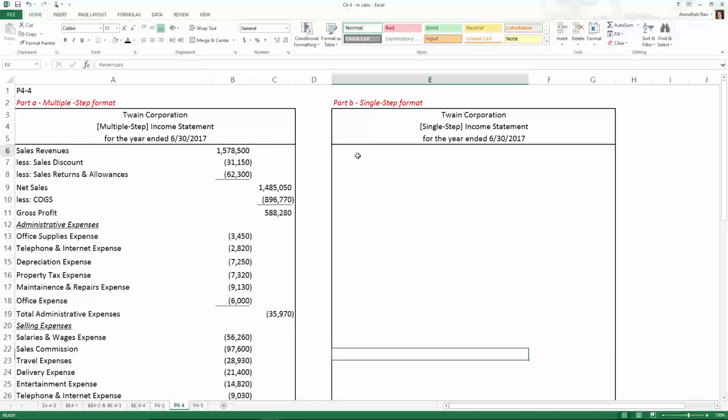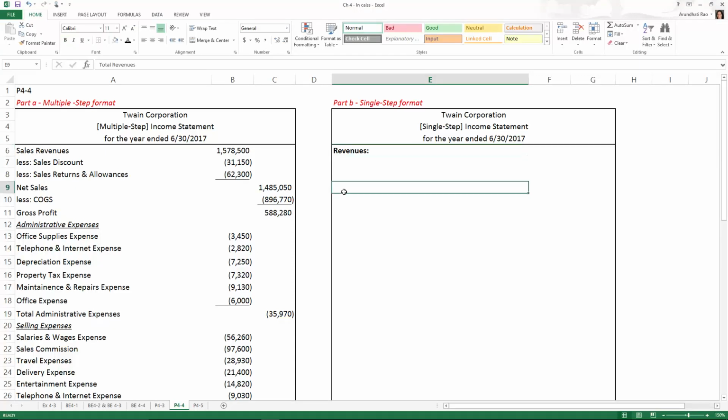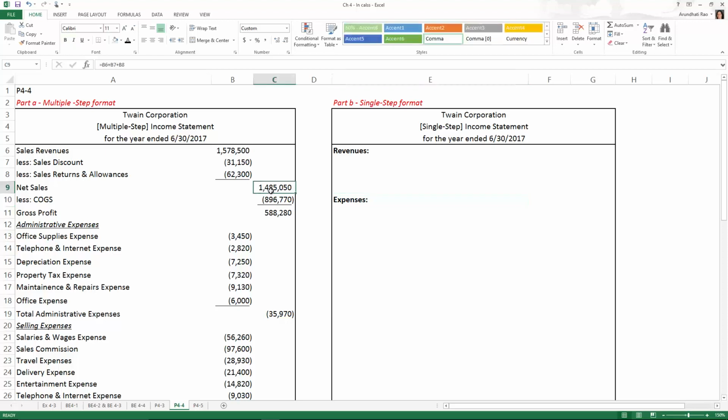So what do we have that's different? What we have over here is, instead of going through all these subtotals and calculations, we're not going to do any of that. What we're going to do is, we're going to list all our revenues, we're going to list all our expenses, and make this whole thing a lot easier. So, for revenues, we list only the net sales number. We don't go through this detail.